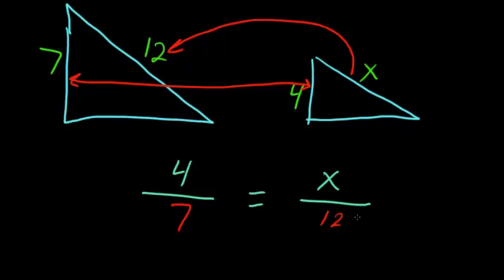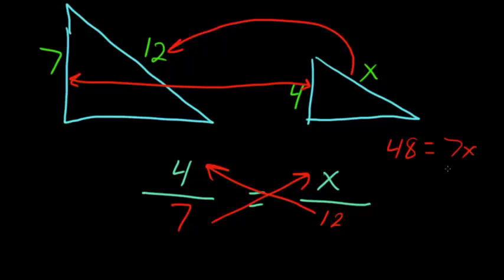And then we're going to solve. We're going to go, okay, draw our little arrows. And 12 times 4 is 48 equals 7 times x is 7x. And divide by 7 and divide by 7. Aha! Fraction. 48 sevenths. x equals 6 and 6 sevenths. Don't sigh.